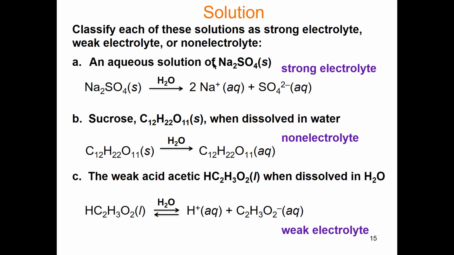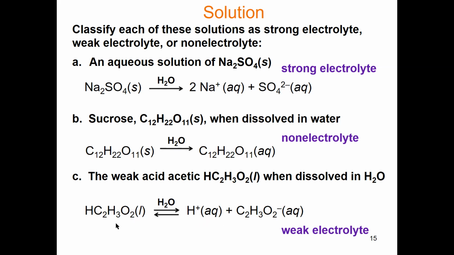And finally, below that is an example of a weak electrolyte. A weak electrolyte is a substance that dissociates partially in water. You see how we recognize a weak electrolyte by the double arrow that indicates an equilibrium. So you have the forward reaction, but also the reverse reaction happening at the same time. And typically you have more of the reactant in solution and fewer of the product. It depends. The equilibrium can be favoring the product, favoring the reactant, or about the same.